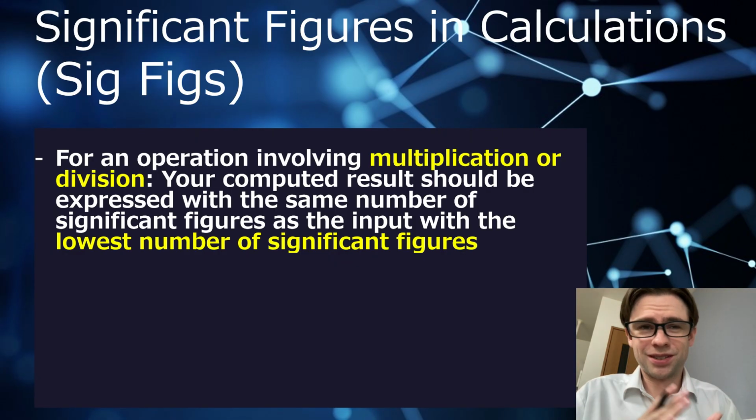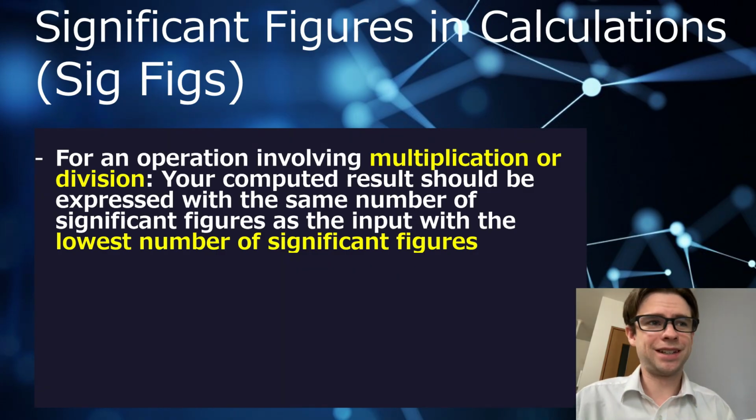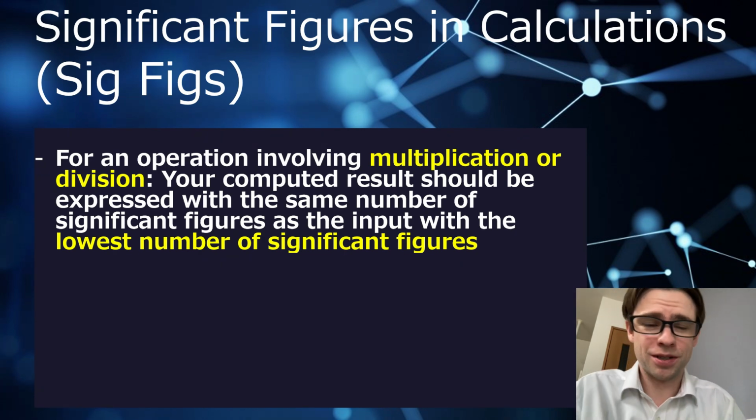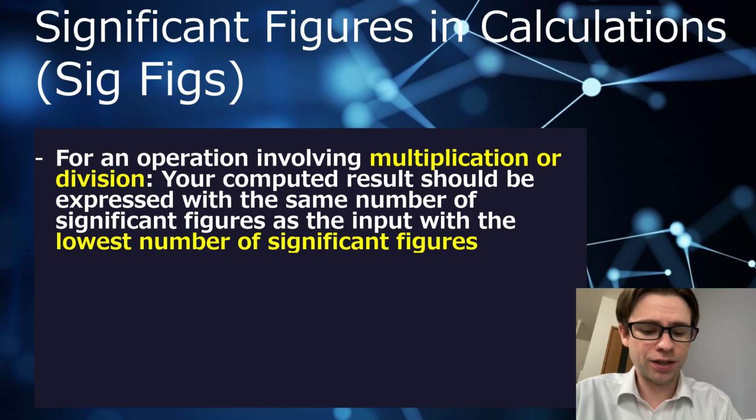This should really make sense to you because you can't gain extra precision by putting a bunch of numbers through a formula, right? A chain is broken by its weakest link. That's one way to think about this. So whatever your least precise measurement is, the one with the least number of significant figures, determines the output of a multiplication or division operation answer.